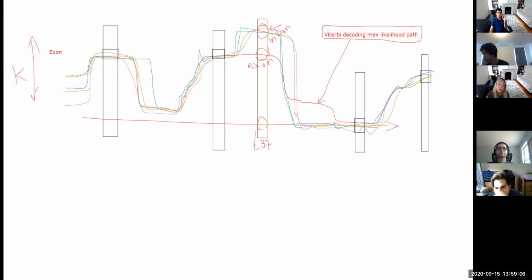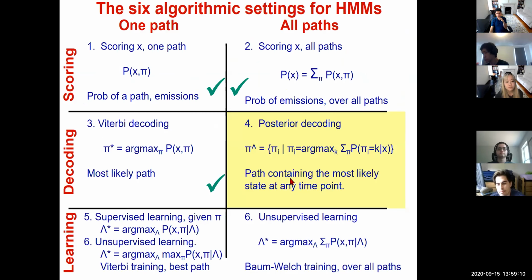Okay. So now let me go back to the lecture and enter this second column of the matrix. Before we had the one path column, and now we have the all paths column. We already saw how we can sum over all paths. So now here's a very weird notation, but I hope it'll make sense.